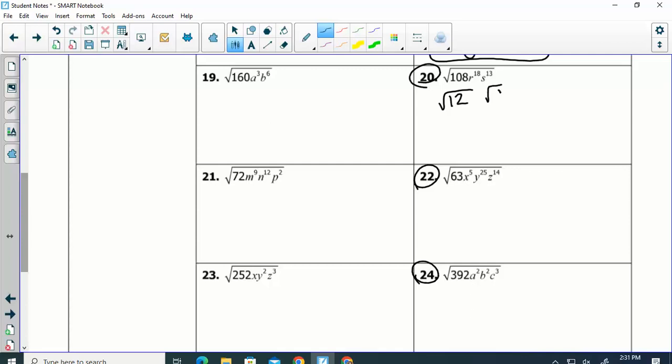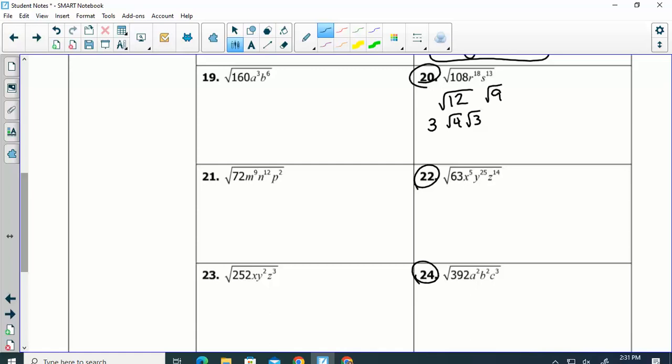Okay. So, 2 options. 12 times 9 works, and 36 times 3 works. If we did this, square root of 9 is 3, but can't 12 be broken down some more? Yep, 12 is 4 times 3.